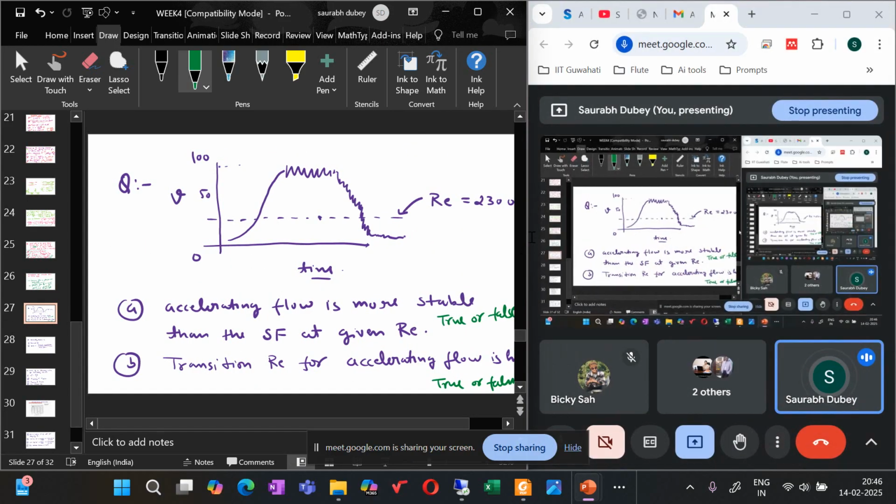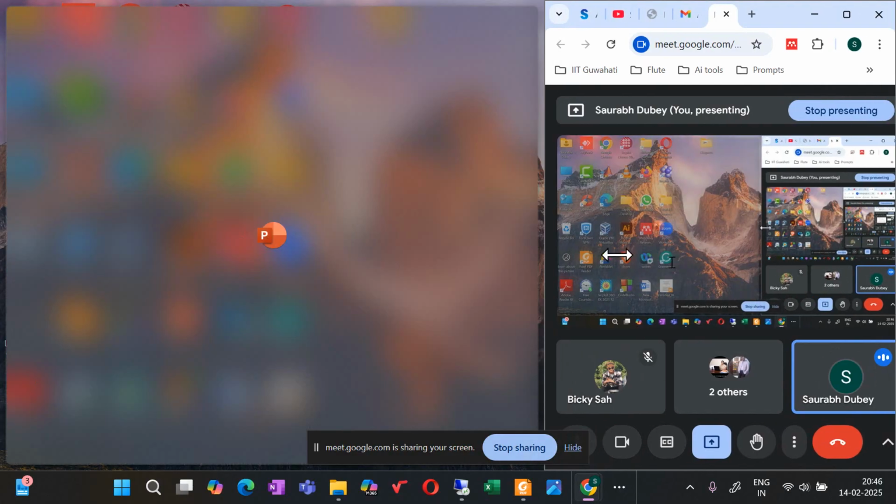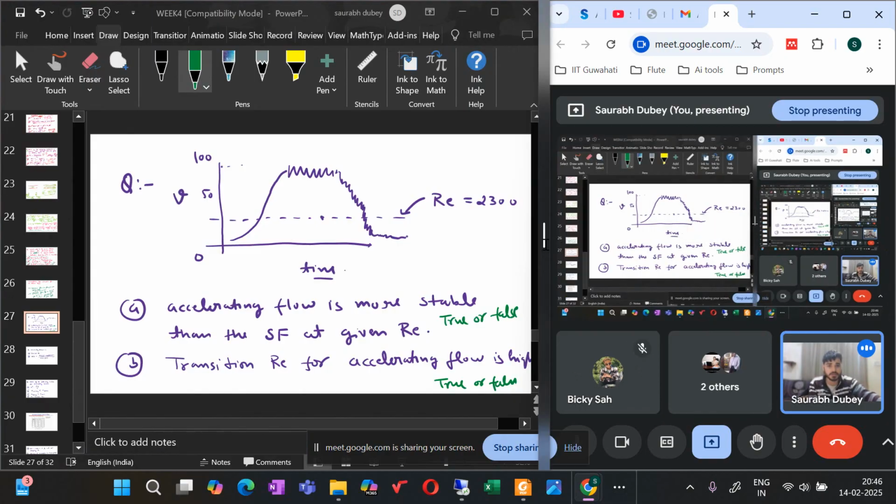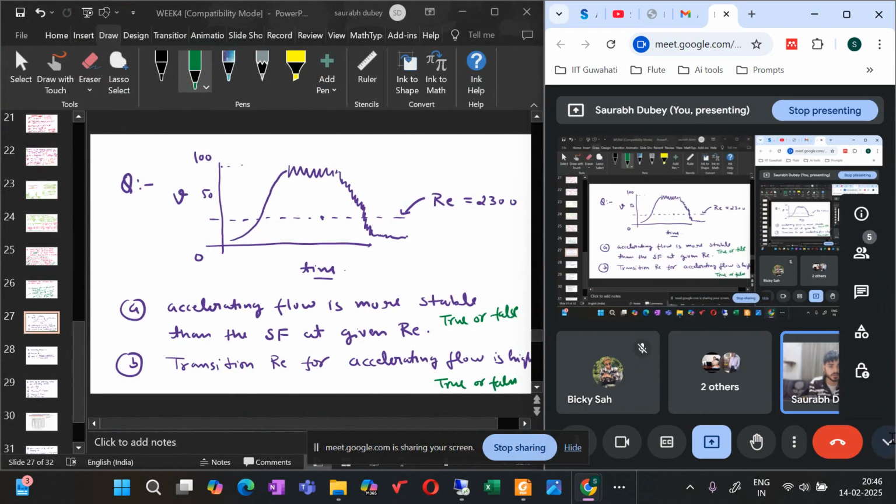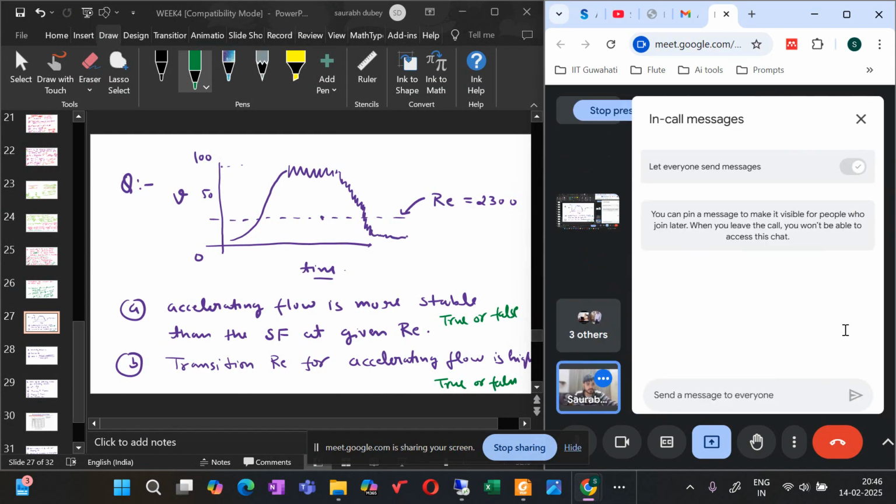So this is the question that I am saying. Please look at this, and let me just see if I can squeeze this down so I can see the comments. Yes. So see, this is Q100, a question on velocities, with velocity on the y-axis and time on the x-axis.